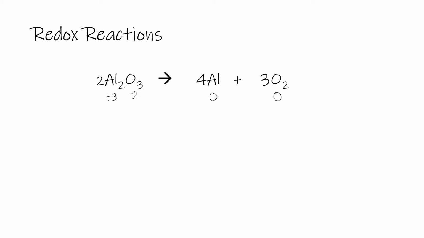Now, to find out if aluminum was oxidized or reduced, we look at its oxidation number. From the reactant side it is a +3, and it went from a +3 to a 0. So its oxidation number decreased, and we would say that the aluminum ion there was reduced.